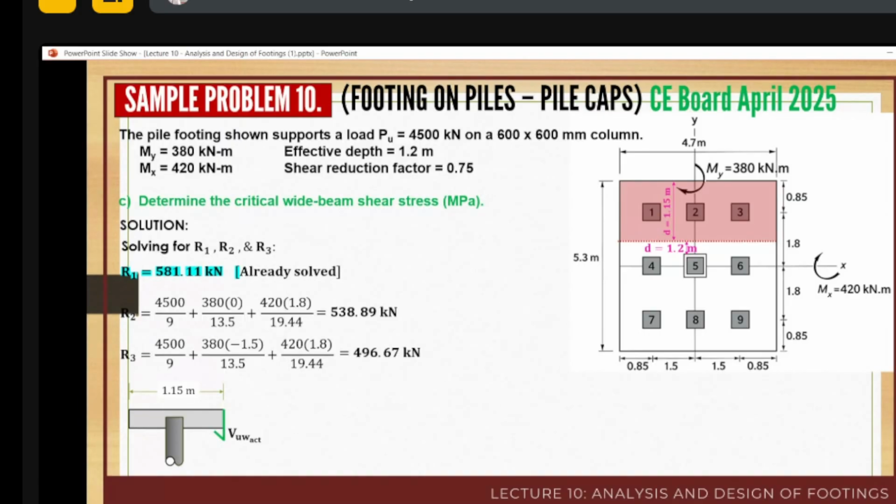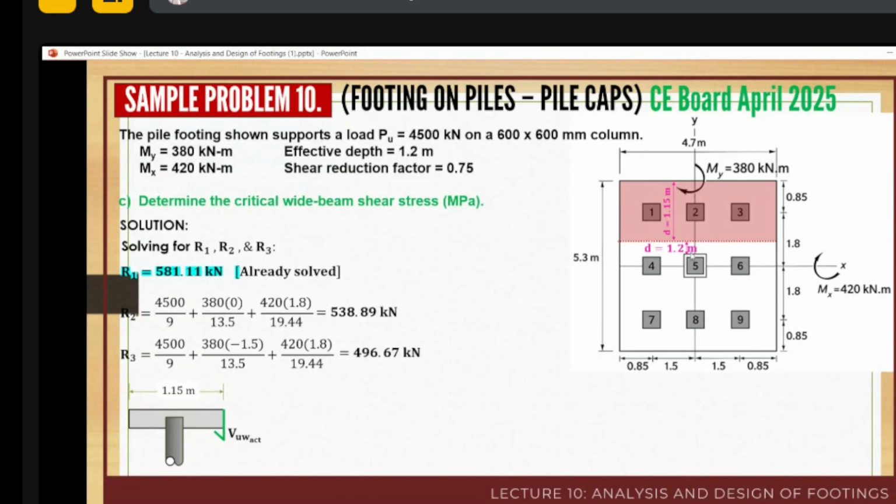If we solve for the R1 section, which is the critical section for one-way shear, from the center towards here, the distance is 1.2 meters, since the effective depth is given in the problem. So the critical section for shear is 1.2 meters.